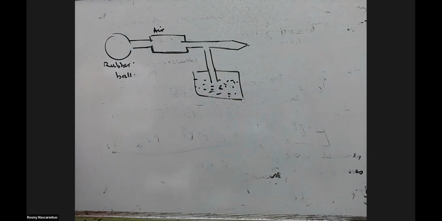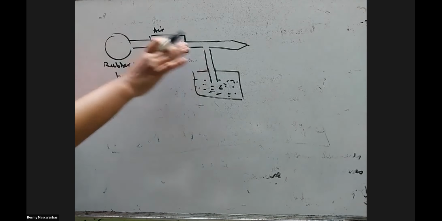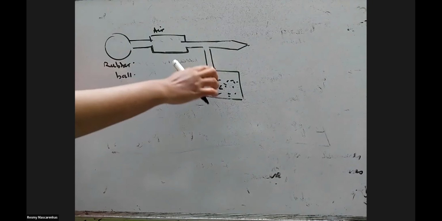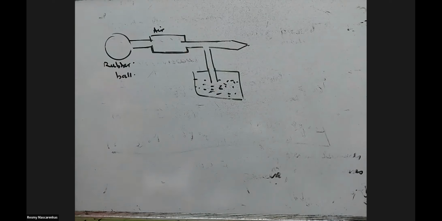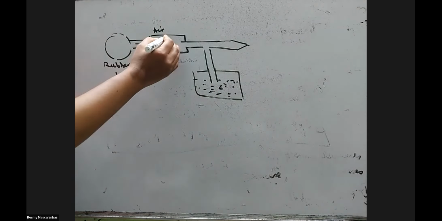Now you are not doing anything. It is at equilibrium. Everywhere pressure, volume, everything is normal, there is no change in anything. So whatever is the pressure here will be the pressure here. Now when you press the rubber ball, the air will start moving this side with a faster speed.